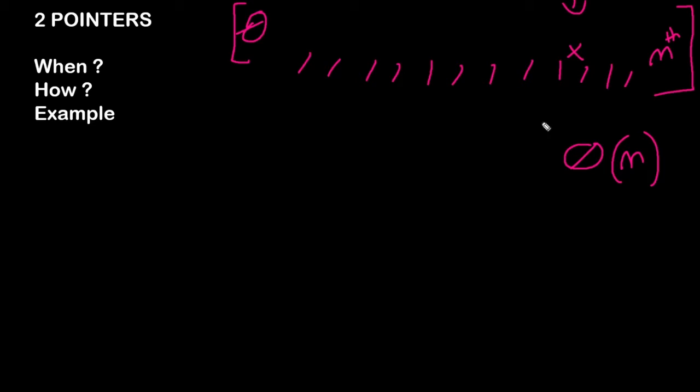So what you can do with two pointers is say, I'm going to start here and here at the nth element, and with every iteration of my loop, I'm going to do one movement here and one movement there, meaning that each pointer is going to have n over 2 values to check.